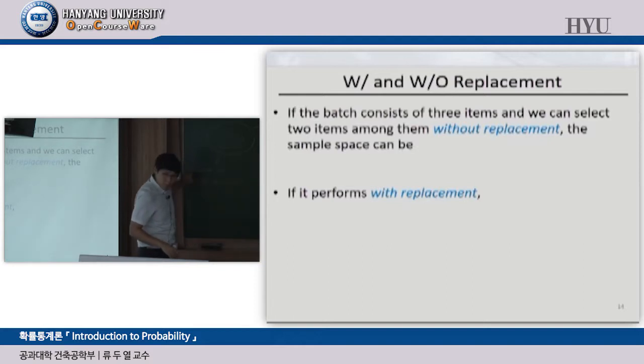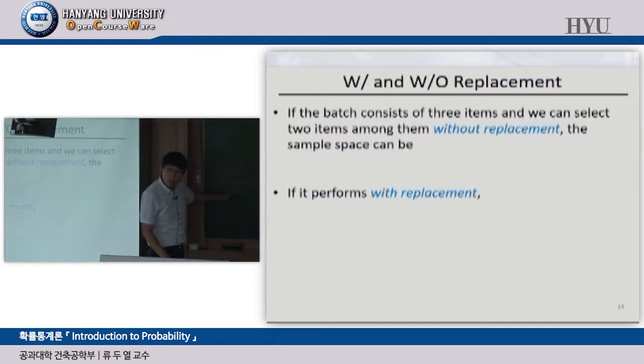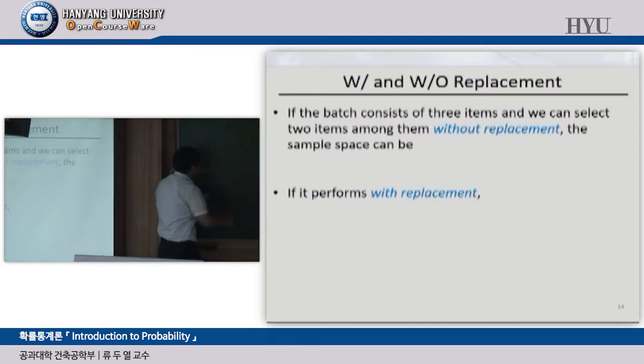So the sample space of the case without replacement can be included in the sample space for the case with replacement. So this is the subset, which is called 부분집합. So, based on these two examples, we can simply draw this conclusion. With replacement, we can have more choices to select, so the number of items included in the sample space is larger.